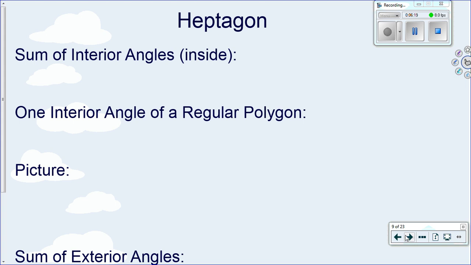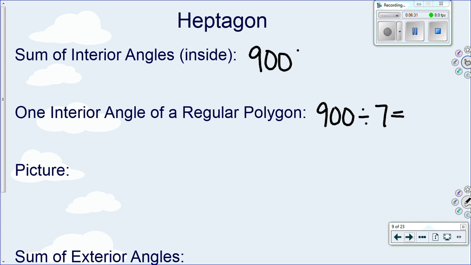Our next shape is a heptagon. A heptagon has a sum of interior angles of 900 degrees. We take that 900 degrees and divide it by the 7 angles that are inside the shape to find out that there is 128.57 degrees per angle. I'm going to pause this so I can attempt to draw this picture.